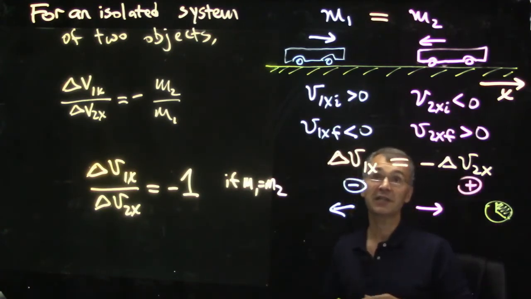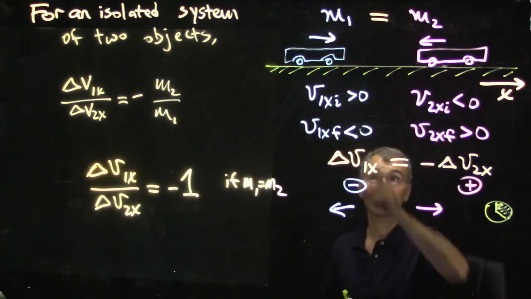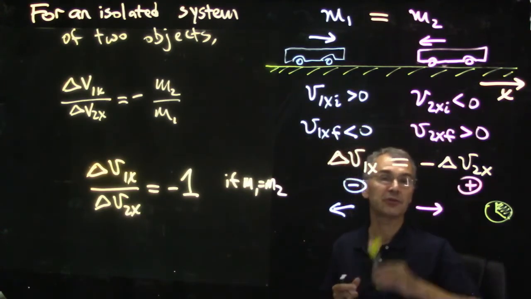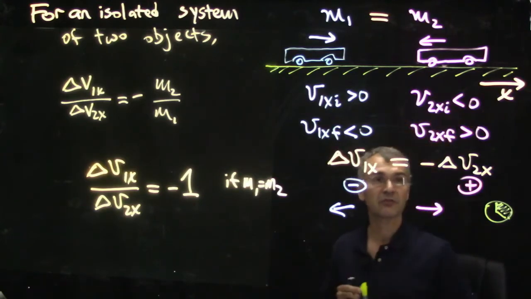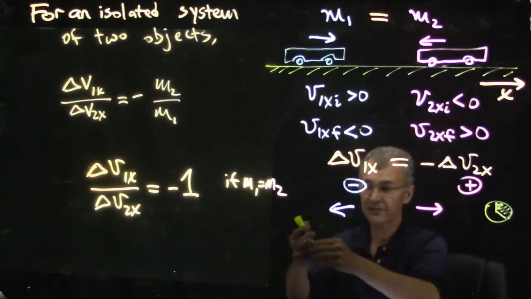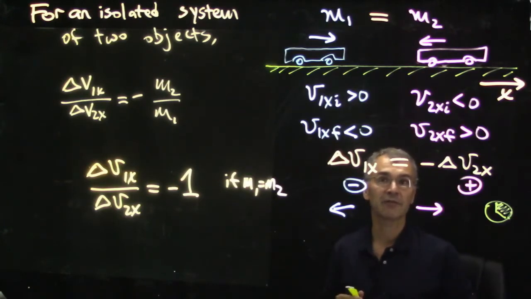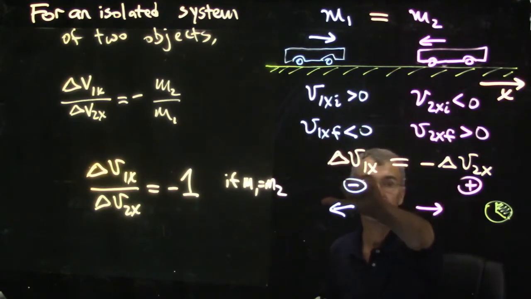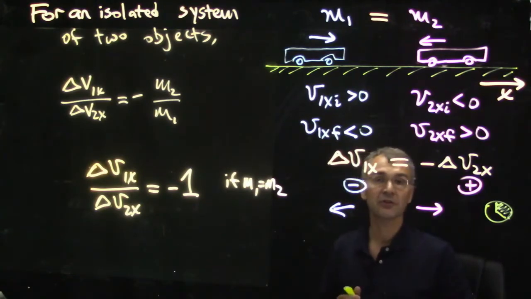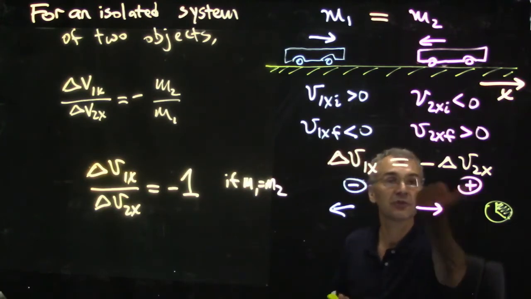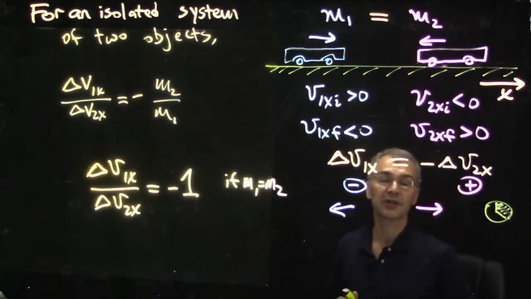So delta Vx of the blue cart points to the left, delta Vx of the red cart points to the right. Because their masses are the same, those two changes in velocity have the same magnitude. So if the blue cart recoils to the left with 1 unit of change in velocity, then the red cart recoils to the right with 1 unit of change in velocity. Let's watch that.